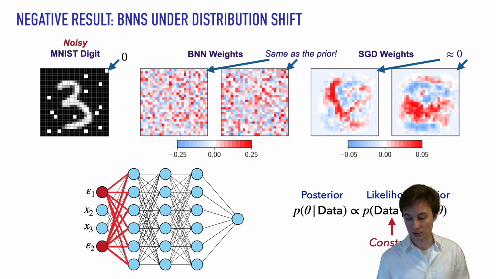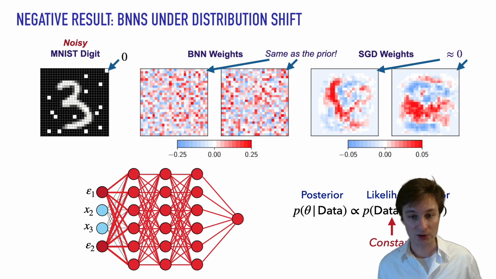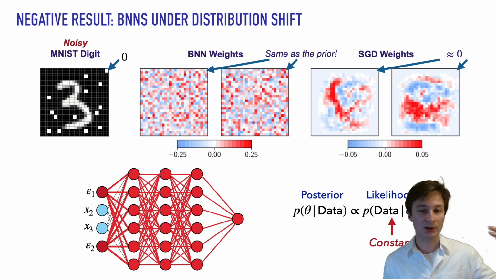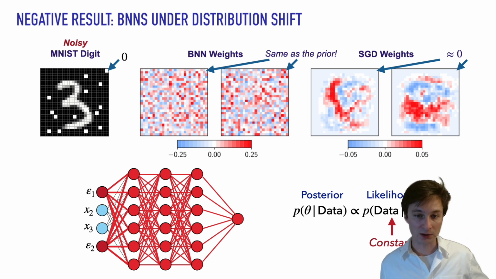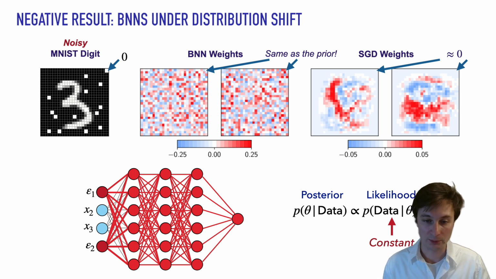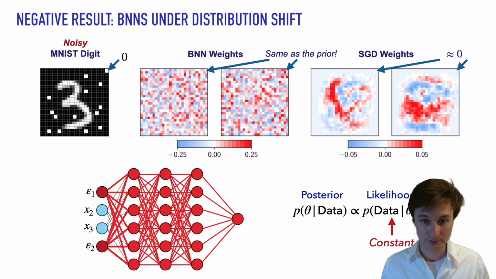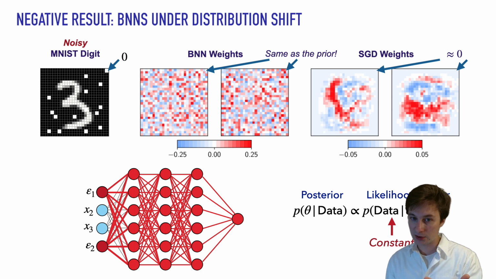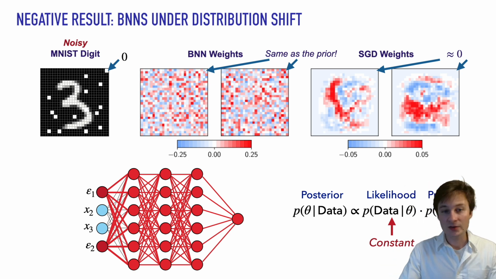We'll propagate that to the next layers of the model, resulting in significant changes in the predictions. And those don't cancel out across multiple samples because the model is nonlinear, so it actually leads to a shift in the expected predictions of the Bayesian neural network, not just in the uncertainty. On the other hand, the SGD solution will just ignore those perturbations because the corresponding weights are set to zero. And this is the main intuition.